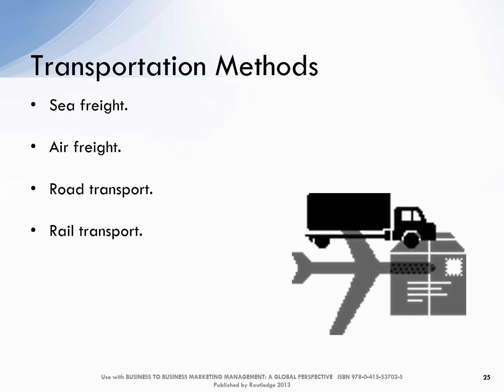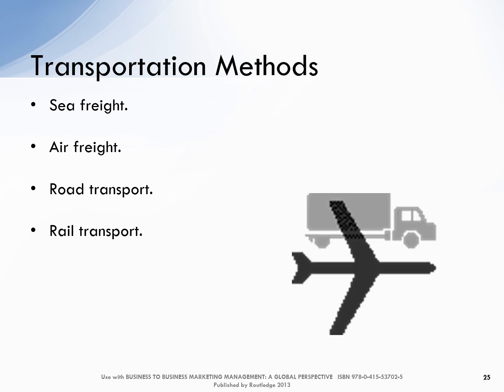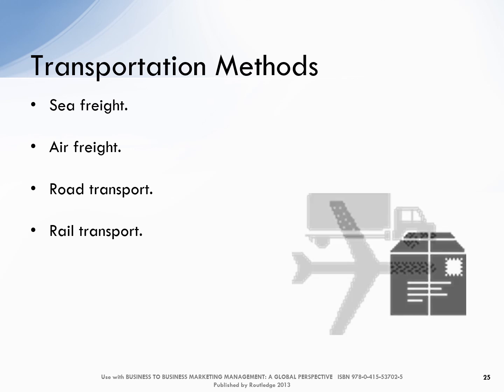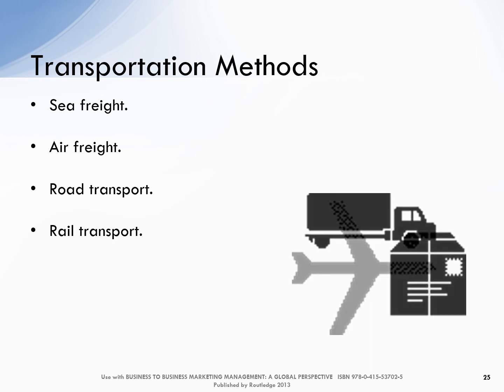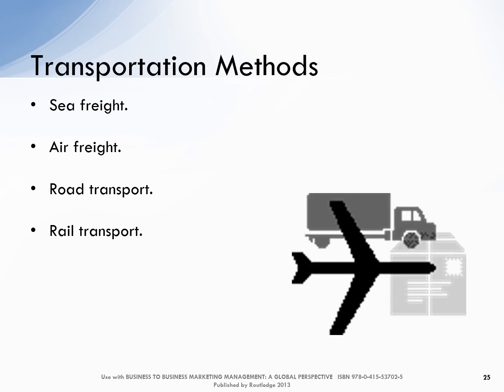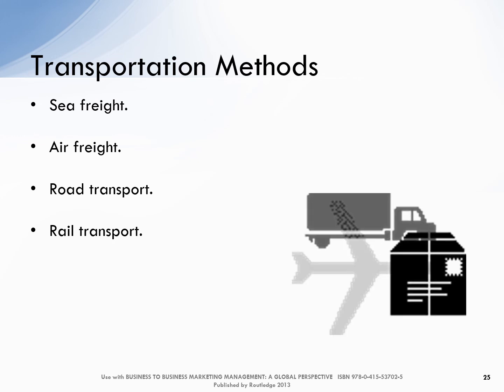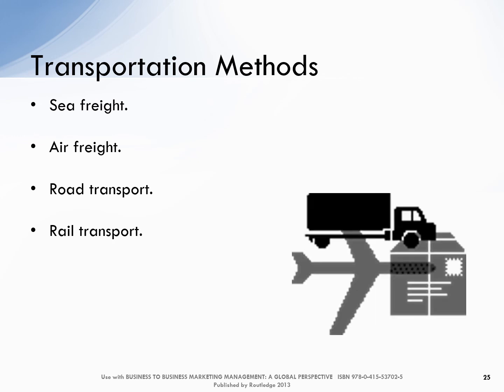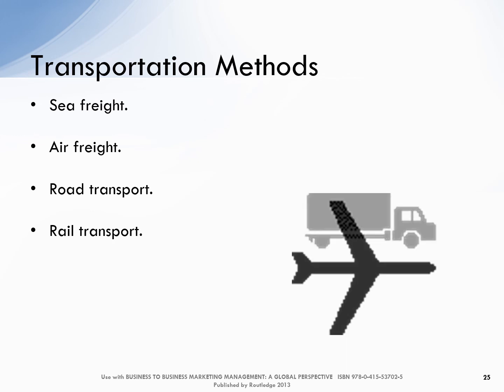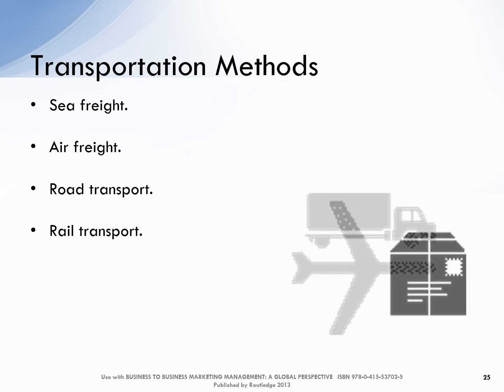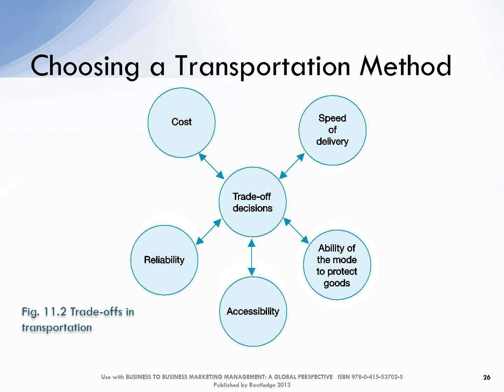Transportation methods. In supply chain management, a company has the choice of transportation methods: sea freight, air freight, road transport, and rail transport. All these transportation methods are being used by companies. But choosing a transportation method means a company has to make trade-off decisions.